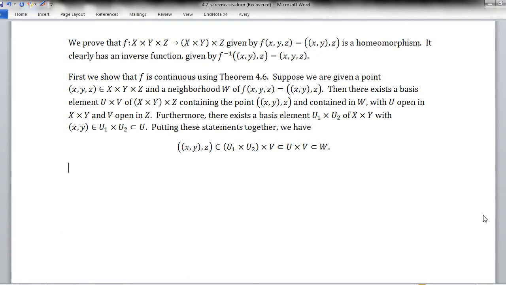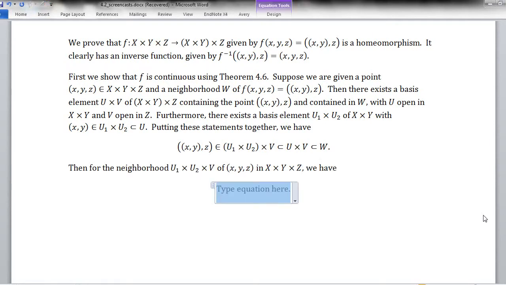Okay, well, let's just write that in a different way. This is basically what we need. Okay, then for the neighborhood u1 times u2 times v of (x, y, z) in our domain, right, in x times y times z, we have f of that neighborhood.